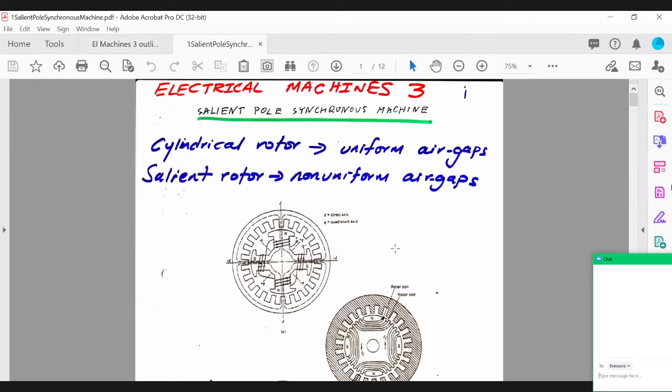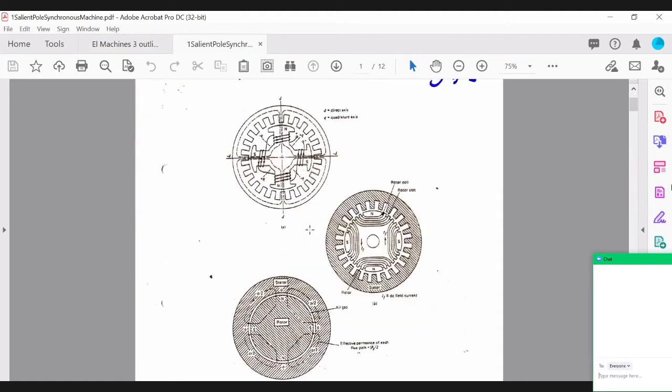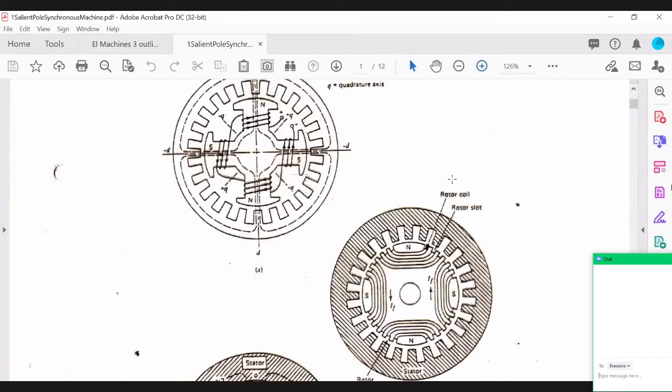When we covered the first course on Machines 2, we focused our analysis on this first part, which is what we call cylindrical rotor, right? So if we focus on this diagram, I'm just going to zoom in here.